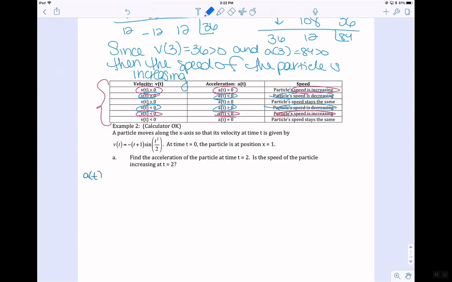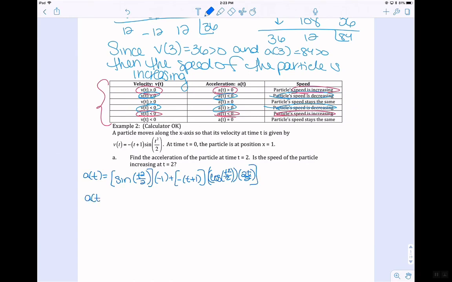So a of t is equal to the product rule: sine of t squared divided by 2, the second term, times the derivative of the first, which is negative 1, plus the first term, negative t plus 1, times the derivative of the second term, which is cosine t squared over 2, times the derivative of t squared over 2, which is 2t over 2.